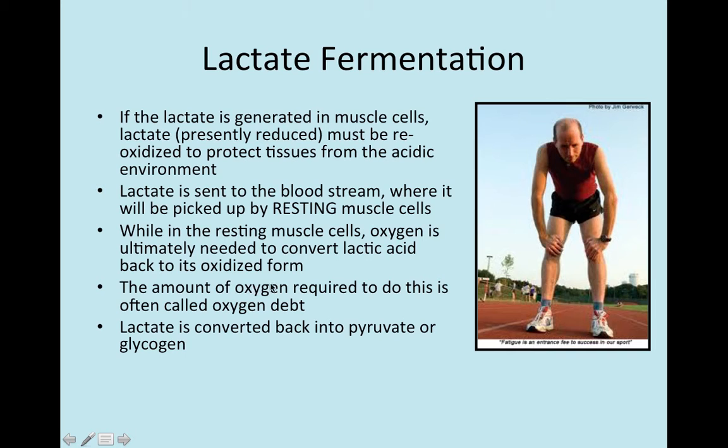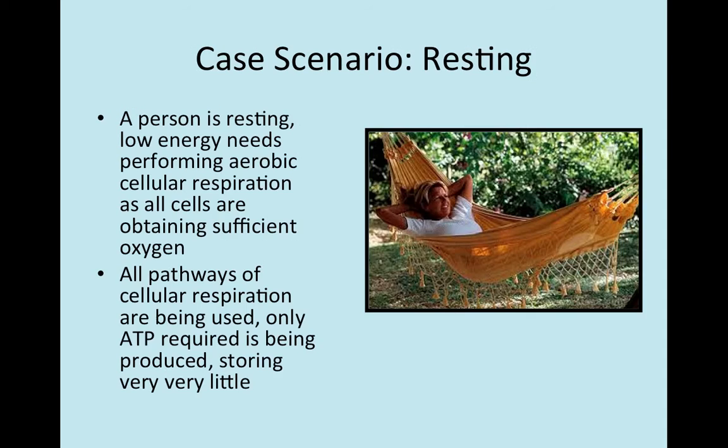The amount of oxygen that's required to convert that lactic acid back to pyruvate is often known as oxygen debt. When you hear people talking about metabolism, they'll use oxygen debt, and what they're referring to is how much oxygen you need to convert all that lactic acid back to pyruvate or glycogen.